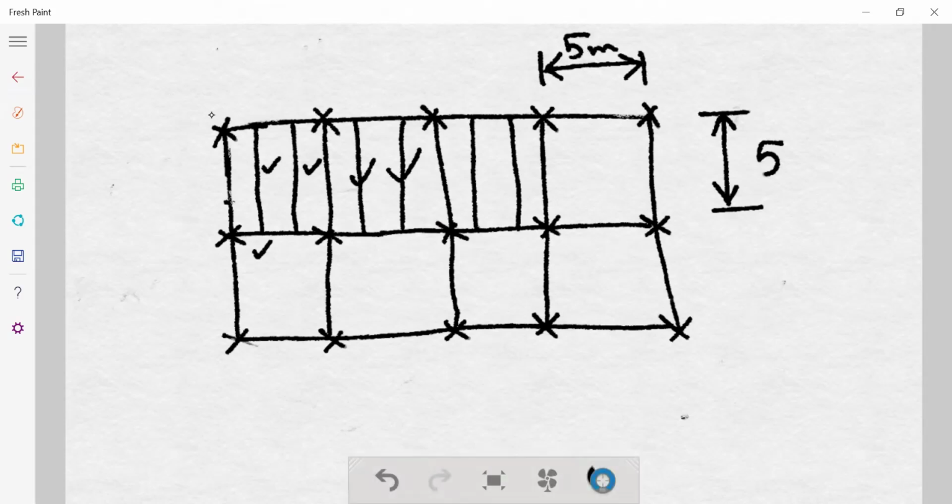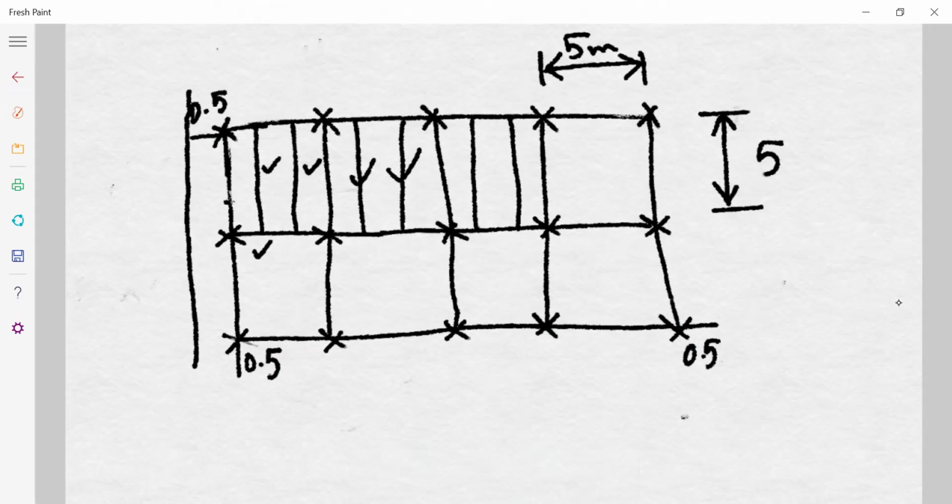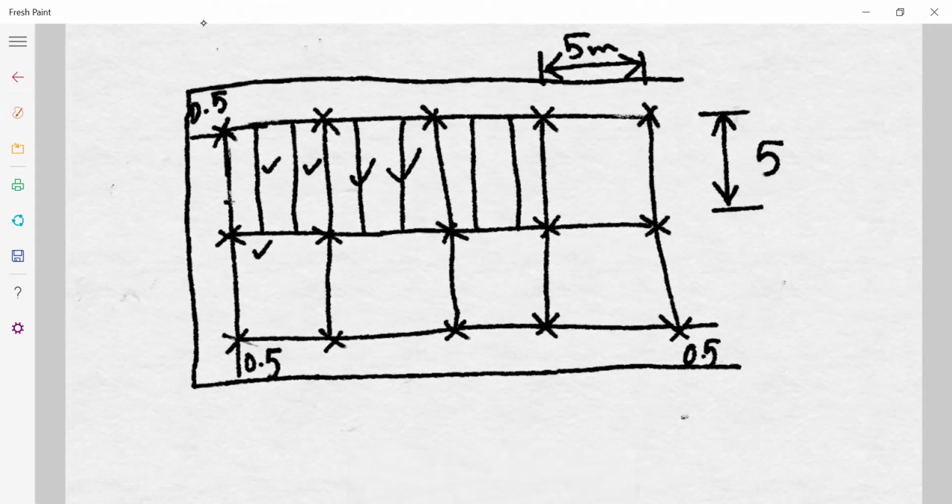So if I take a projection beyond the corners of the columns of 0.5 meter everywhere, it was 0.5 meter and 0.5 meter, 0.5 meter. Okay, it means like this. If I take a projection in this way, it's like a front setback, rear setback, side setback of a plot. Okay, so this is 0.5. Everywhere we are taking 0.5 projection.